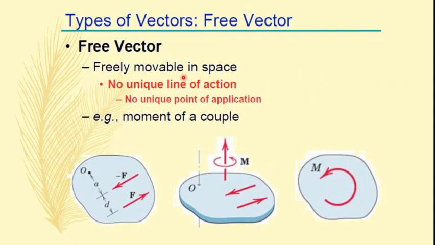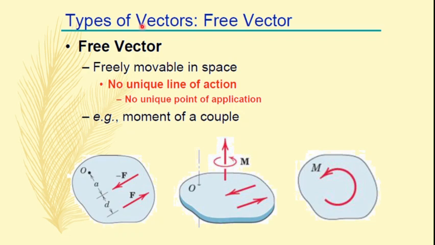Now the third type of vector is the free vector. In case of a free vector, it can freely move within the space. There is no unique line of action or unique point of application.